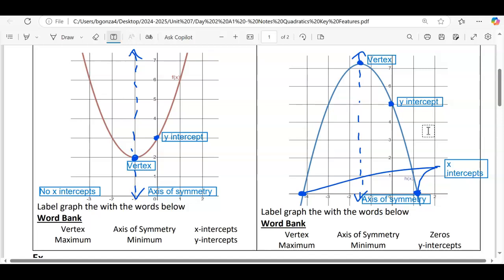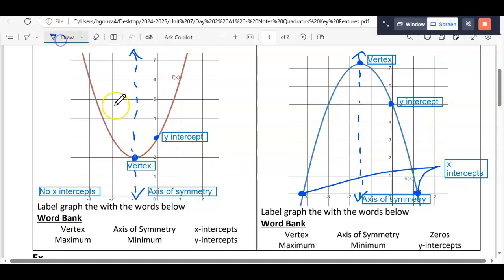Now, last 2 are maximum and minimum, okay? So put your thinking caps on, look right here. I'm pointing right here. So look, is this a maximum or a minimum? What do y'all think? All right.